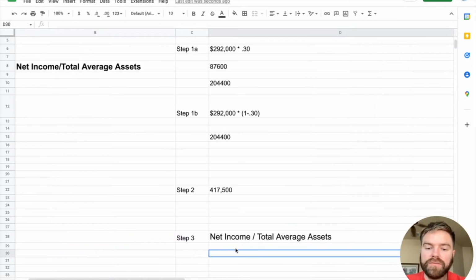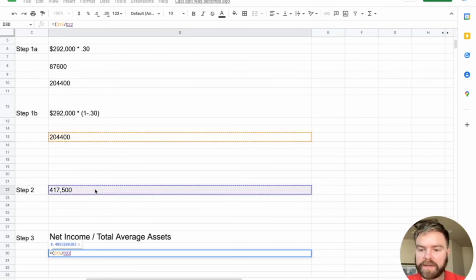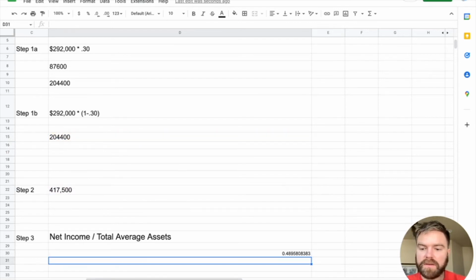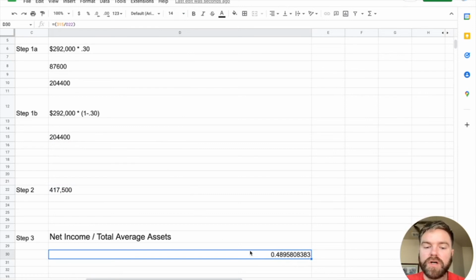Now what we're going to do is plug into the formula, which is nice. So we say equals net income, which is this number here, divided by the number we calculated up here. And there we are. We have a return on assets of 0.48.